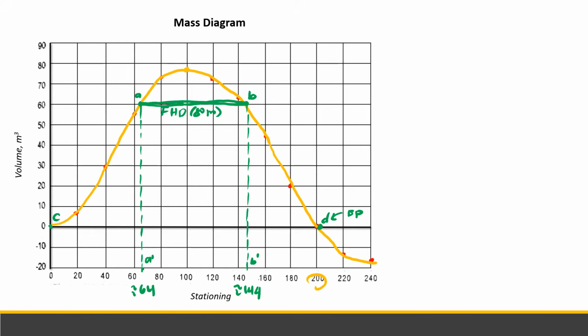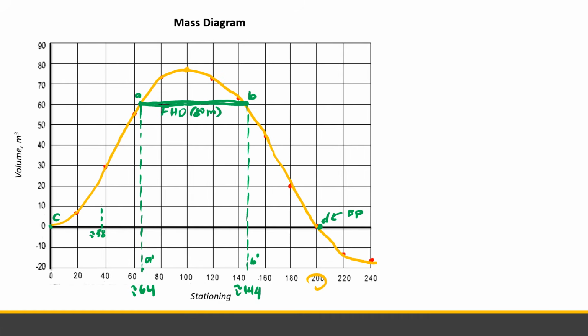Okay, so to find the overhaul, bisect line CA prime and draw a vertical line. So we'll bisect C and A prime. Since A prime is somewhere in 64, half of 64 is 32. So somewhere dito, we'll project this, approximately 38.